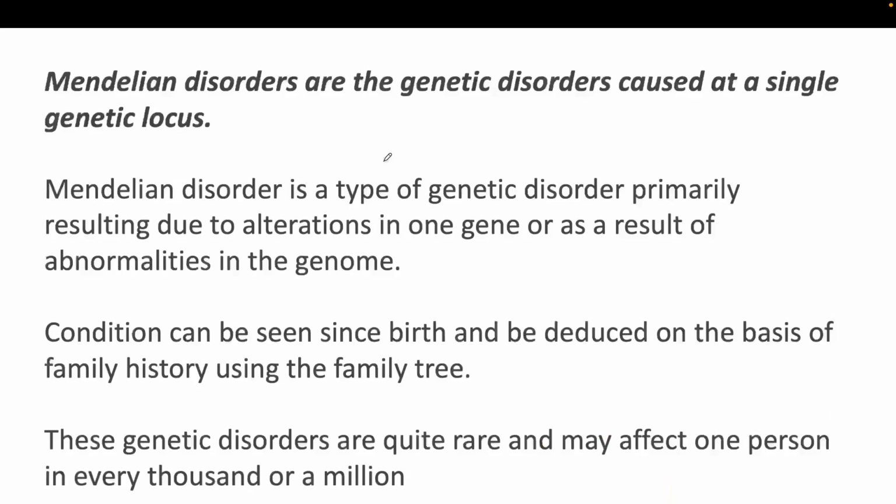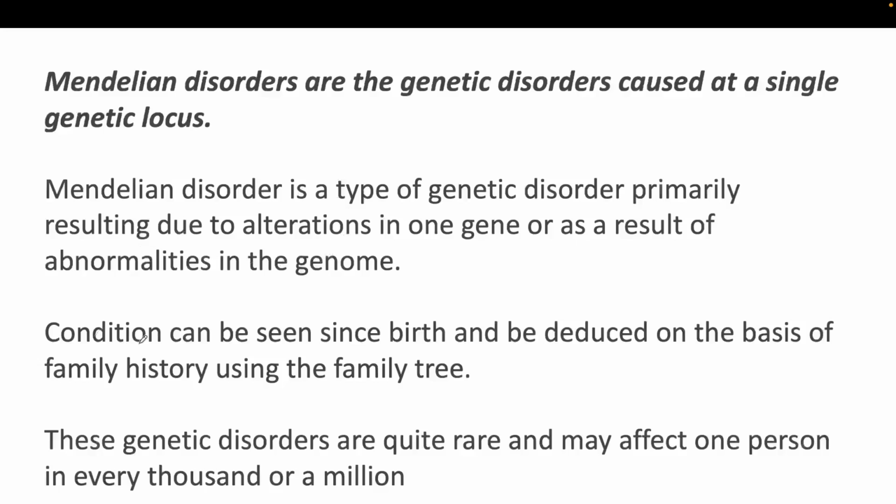Mendelian disorders are genetic disorders caused at a single genetic locus. It is primarily due to alteration in one gene or as a result of abnormality in the genome, so it happens at the gene level, not the complete chromosome level.